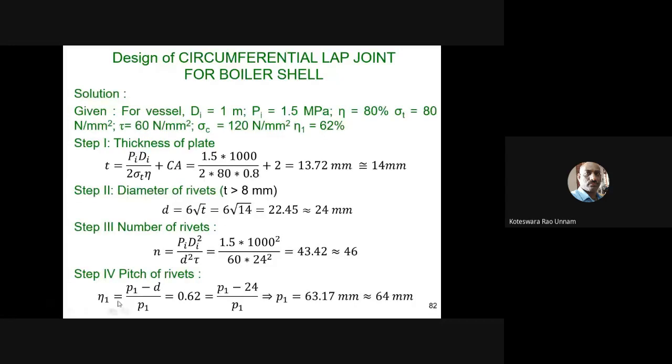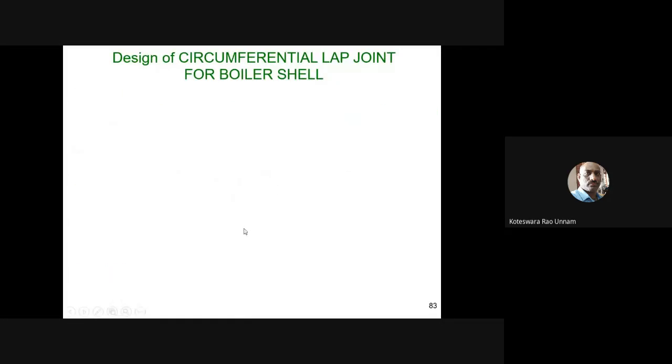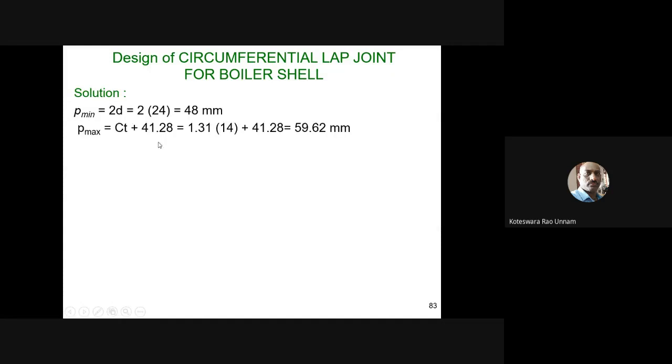Here we got the pitch as 64 mm, but we need to test it against the minimum and maximum criteria also. The minimum value should be 2d, which is 48 mm, and the maximum value is C t plus 41.28, where C is a constant value we need to pick from the data book. Here, for a lap joint having rivets, it is 1.31.